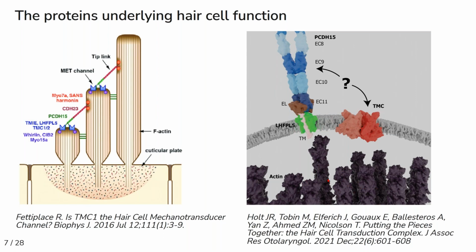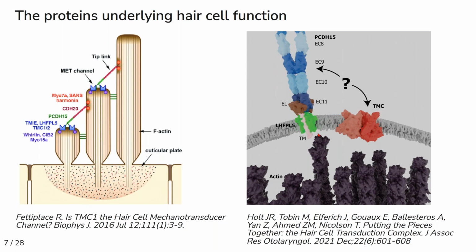We kind of know what actin looks like. We kind of know, even though there's no structure of TMC, because it is homologous to another channel family called TMEM16, we are pretty certain that it's a dimer, where both subunits have their own ion conducting pore.